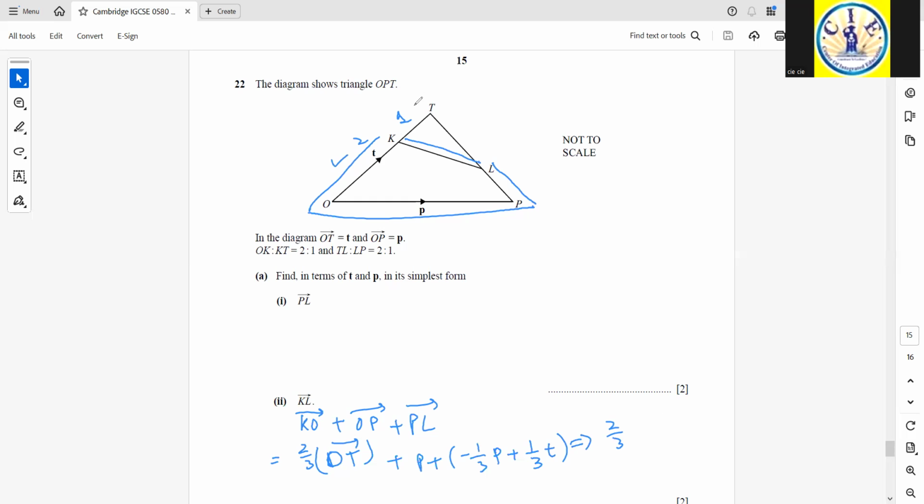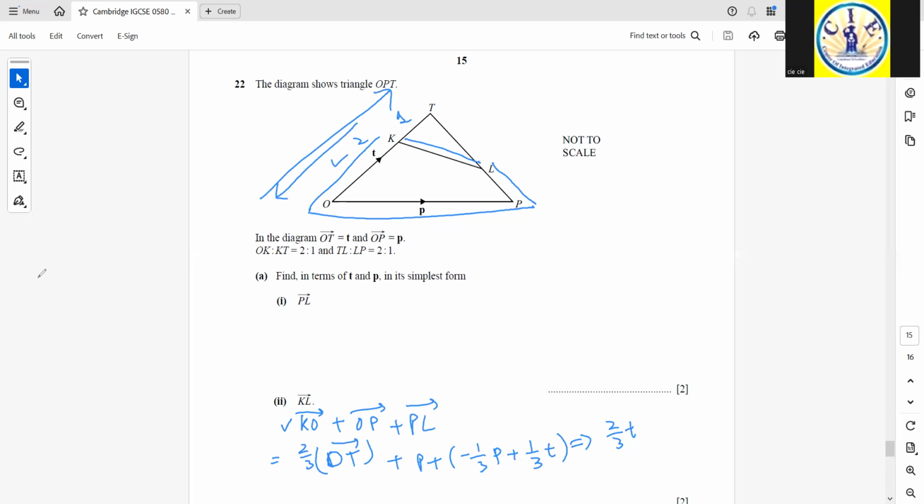O till T, this one, that is T. So 2 by 3 T. And since we need to find out from K to O, we need to follow this distance K to O, that would be going in the negative direction.